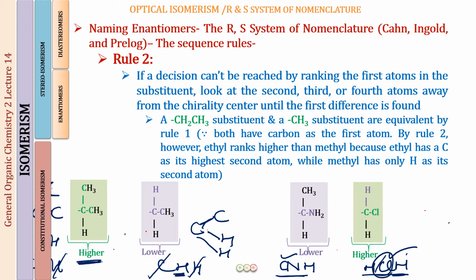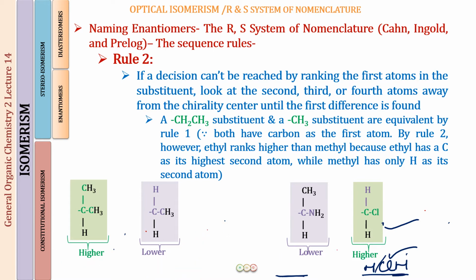So first of all you have to see which is the atom of the highest atomic number out of all the 6 that you have. So we have here on this side a chlorine, so this will be a group of higher priority. Okay, so this is how you are going to ascertain which is going to be a group of higher priority, and once you have done that, you are going to number them from 1 to 4.